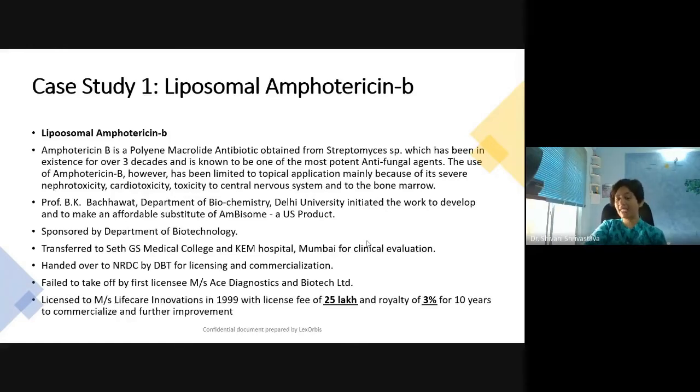Now you can say in 1999, the amount depends on the market or maybe the value of rupees. So 25 lakhs at that time, but the royalty fee usually falls between maybe 3 to 5%. That is an average royalty being given to the technology owner.